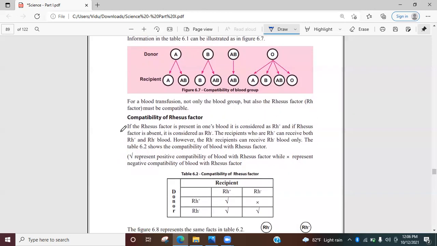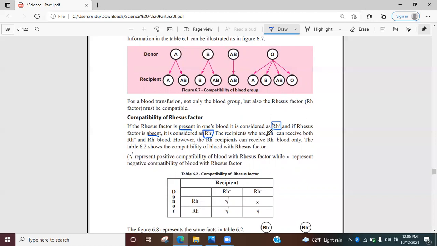If the rhesus factor is present in one's blood, it's considered RH plus. If the rhesus factor is absent, it's RH minus.